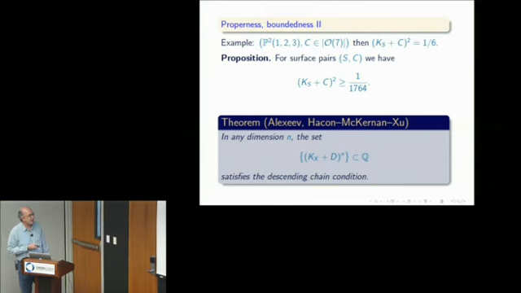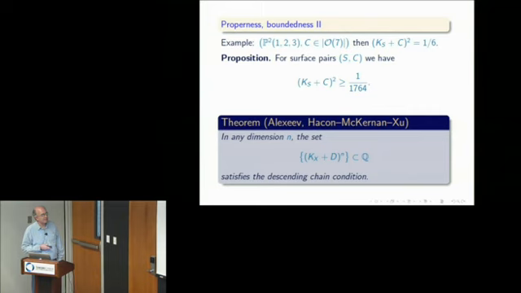Alexei did this for surfaces, and Hacon, McKernan, and Xu in higher dimensions. I look at all these pairs that appear as irreducible components of my stable varieties. There is the canonical class, and then a divisor which tells you where that component intersects the rest.